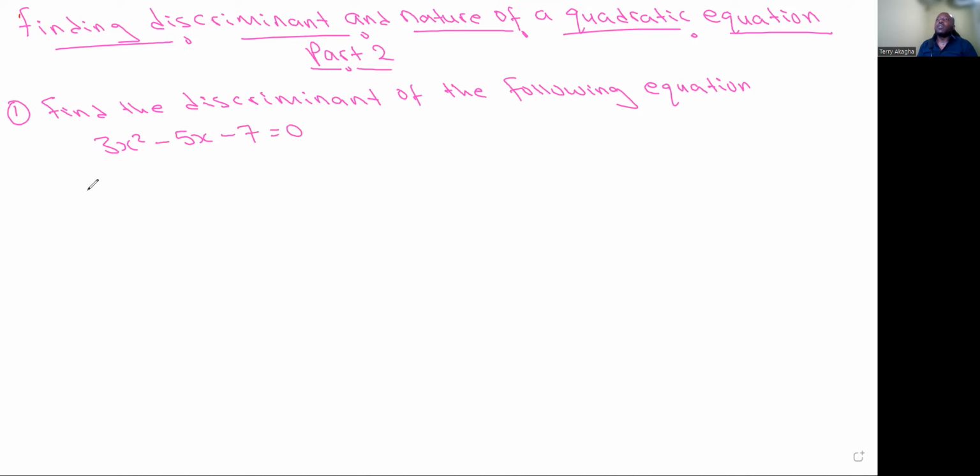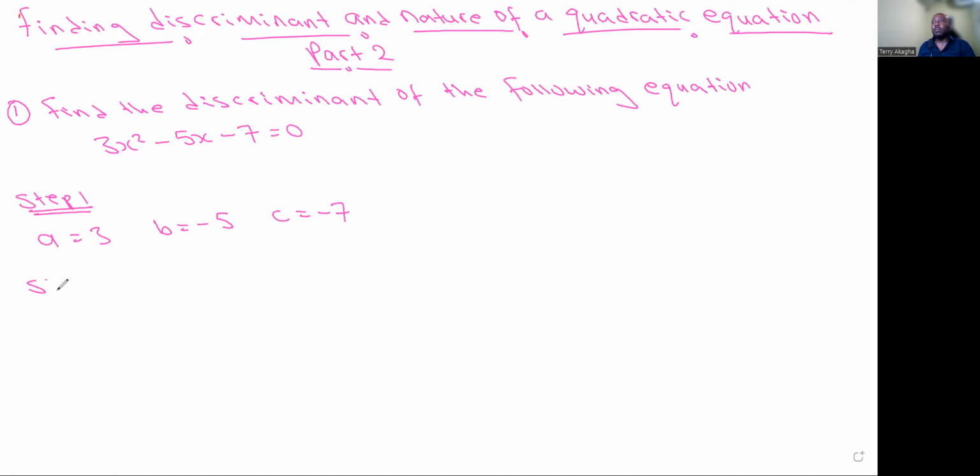If you remember the 3 rules, the first step is to identify A, B, and C. So A here is equal to 3, B is equal to minus 5, and C is equal to minus 7.